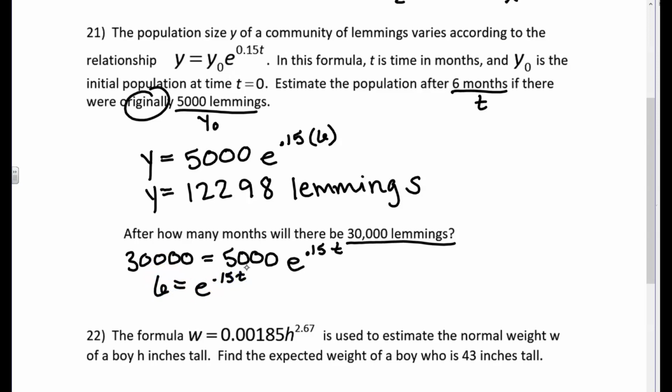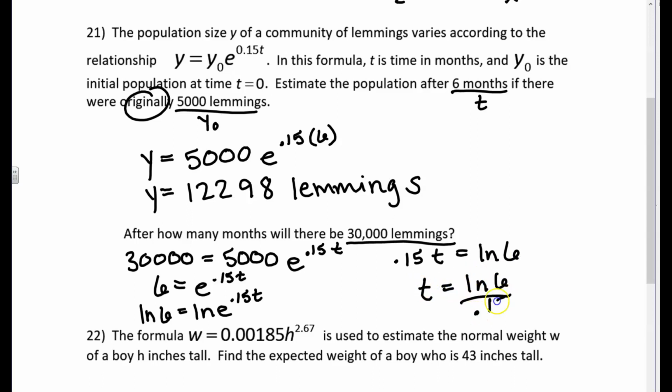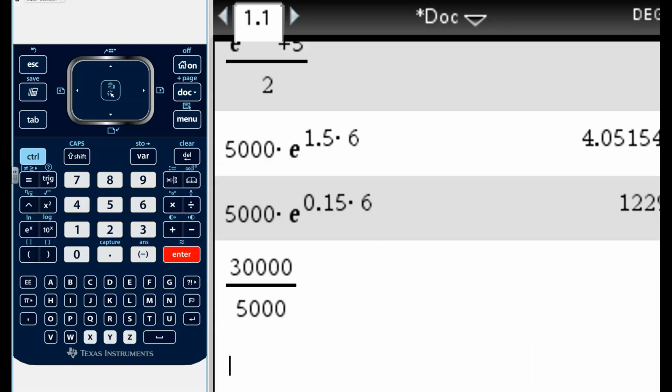I'm going to take the natural log of both sides to isolate the t. So it's the natural log of 6 equals the natural log of e to the 0.15 t, which means that 0.15 t can come out of the exponent. I get 0.15 t equals the natural log of 6. I want to get the t by itself, so divide by 0.15. I get t equals the natural log of 6 divided by 0.15. That goes in your calculator.